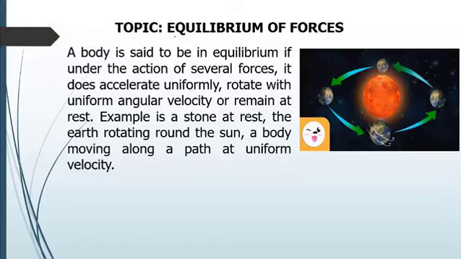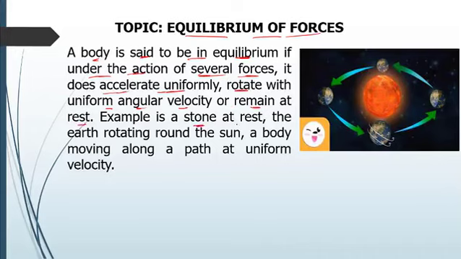Welcome back. At this point, let us try to define what we mean when we talk about equilibrium of forces. A body is said to be in equilibrium if it is under the action of several forces, which makes it accelerate uniformly, or rotate with uniform angular velocity, or possibly remain at rest.